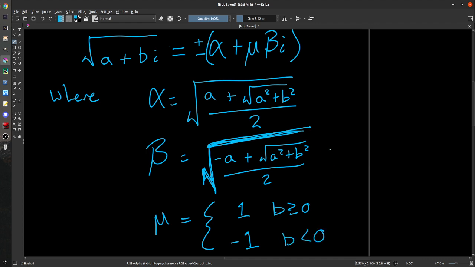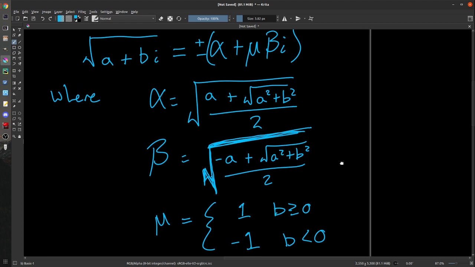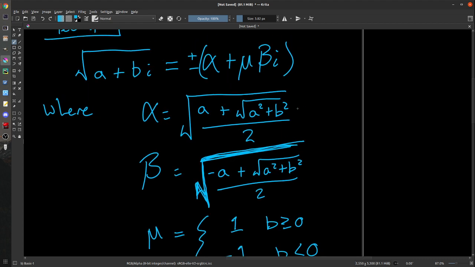So problems 4A, B, and C on the homework involved computing square roots of complex numbers. Some of them were trickier where they had square roots of square roots. This just means you apply the process twice. But let's try something straightforward.